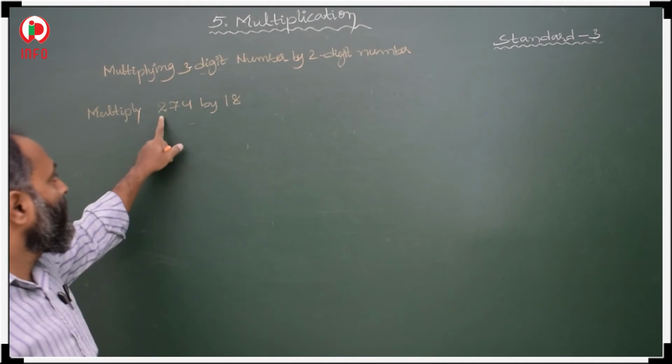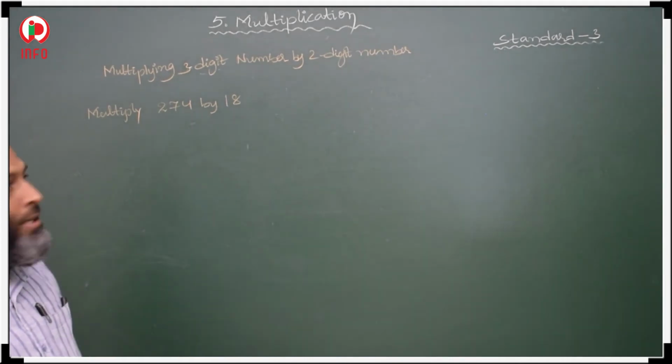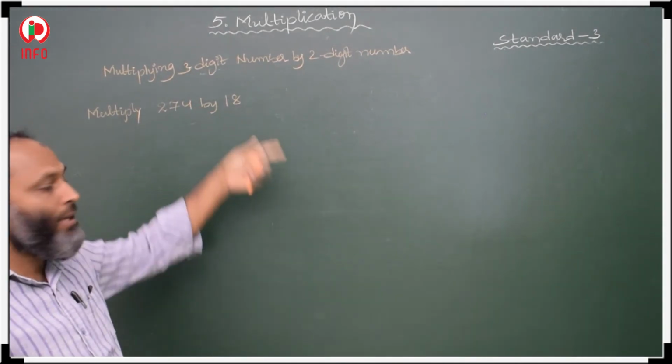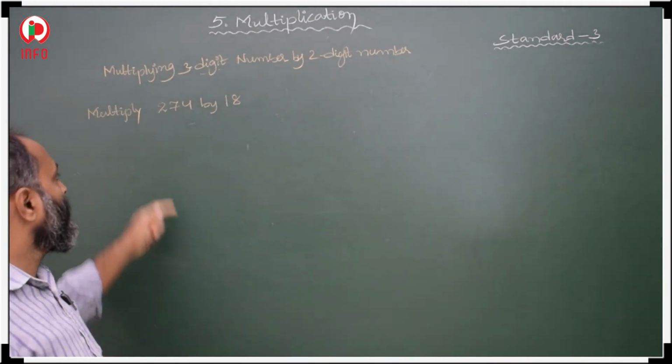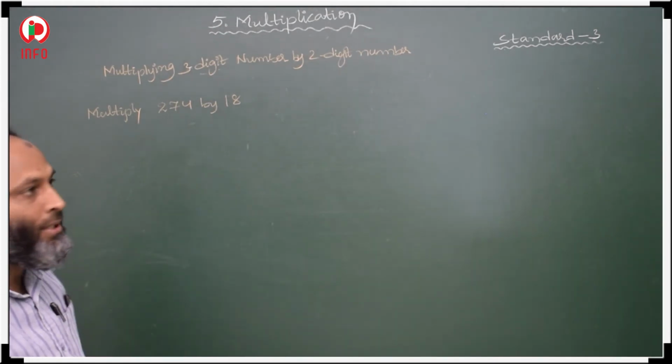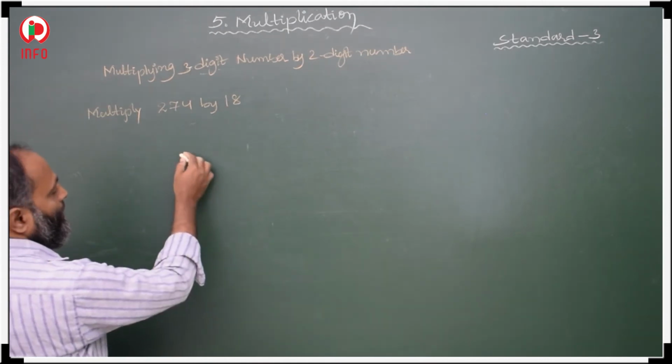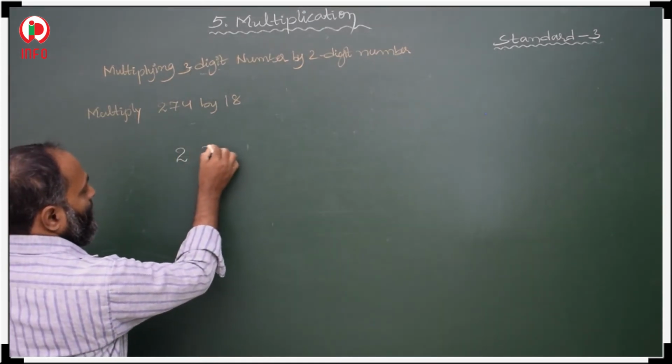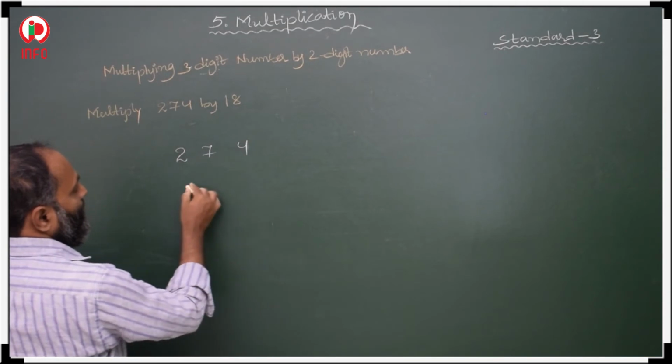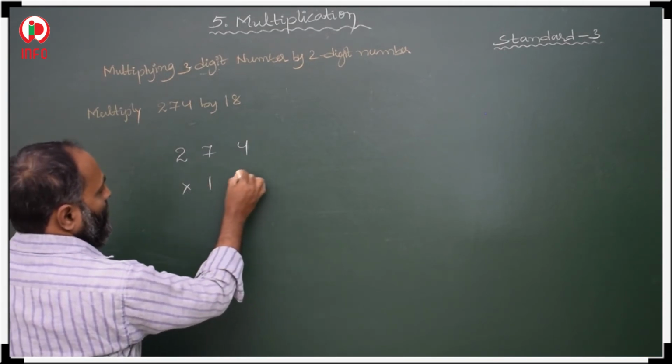Okay. Multiply 274 by 18. So this is a 3-digit number. This is a 2-digit number. Then how to multiply a 3-digit number with a 2-digit number? See here. First you take the 3-digit number, 274, multiply with 18.